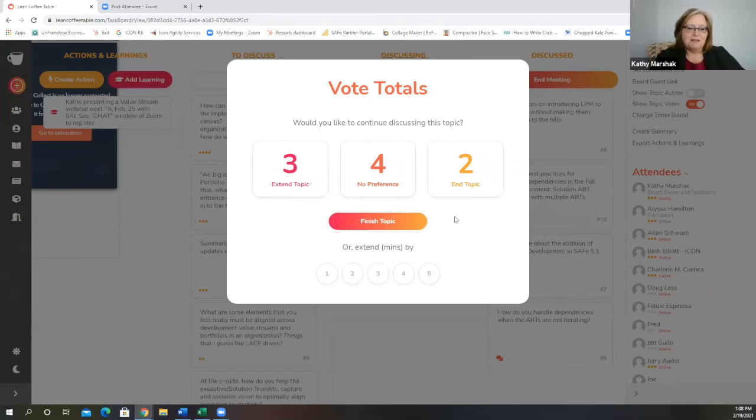Yes, I'll put the book into chat. In chat, I put a link to Matthew Skelton and Manuel Pais's website, which provides some information on Team Topologies, and also gives you a launching-off place where you can buy their book, or you can buy it from Amazon, whichever.